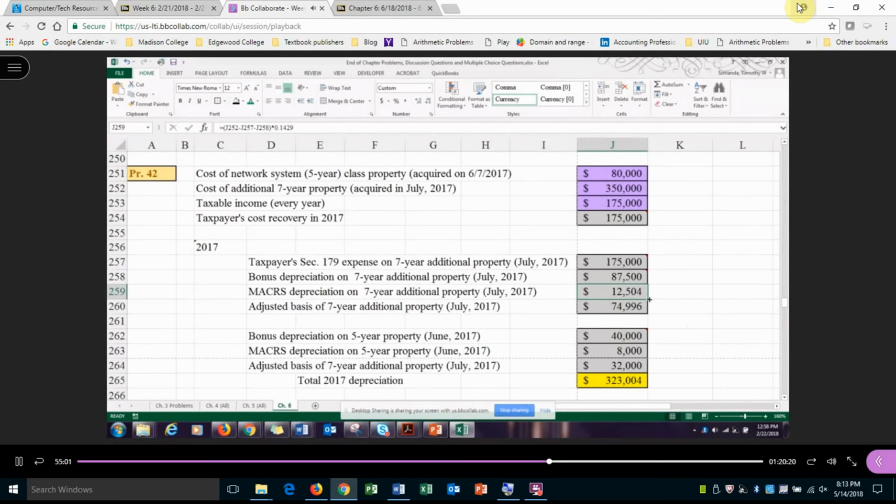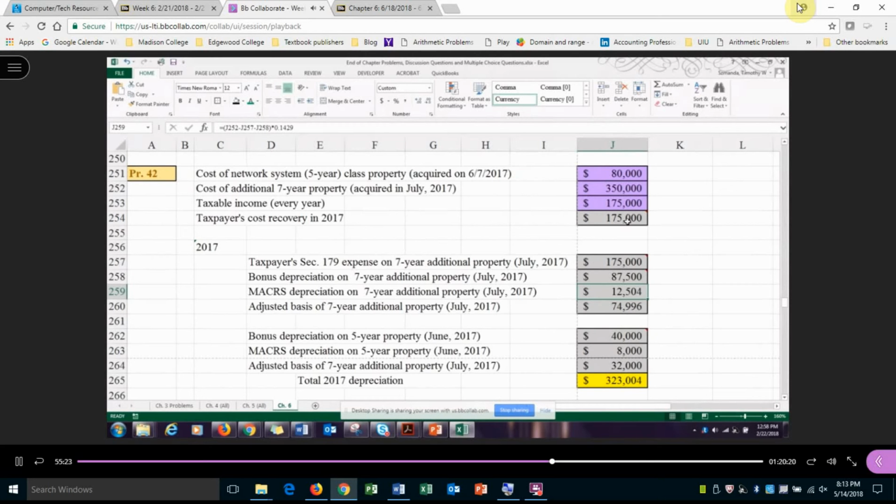So in my example, I took what was left of our depreciable base, what we purchased minus what we expensed, and then I multiplied that by 0.1429, the amount we got from the table. So we have our depreciation of $12,504. And again, this relates to the 7-year property only.